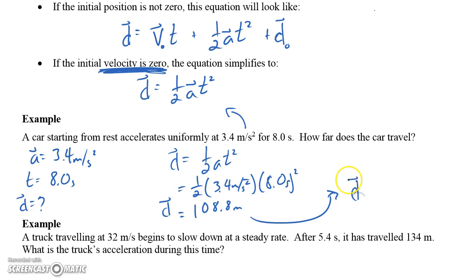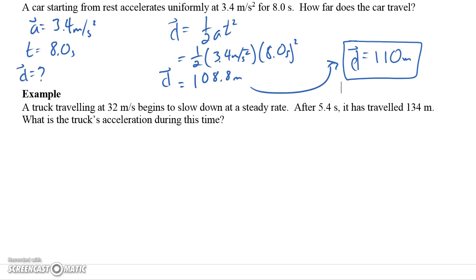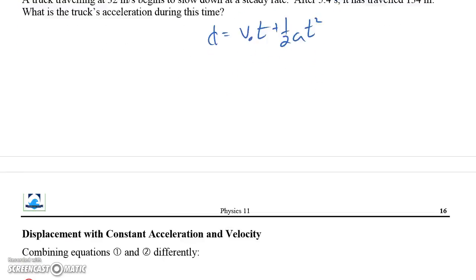So we're going to round it to 110 meters is our final answer. So do this next problem. It will involve the original equation. So this one here, v naught t plus 1/2 at squared. You might have to do a little bit of rearranging, but try it out, see how that one works.